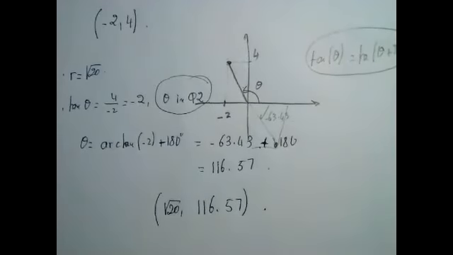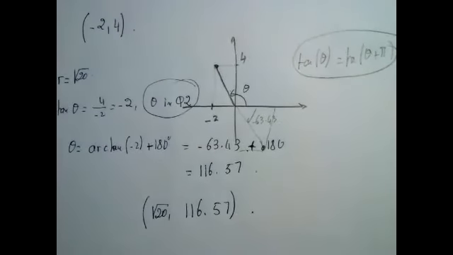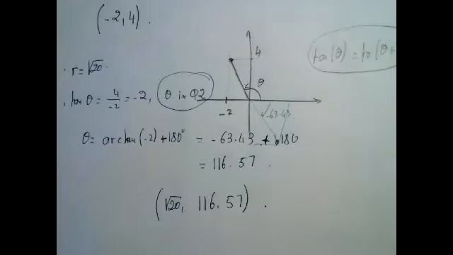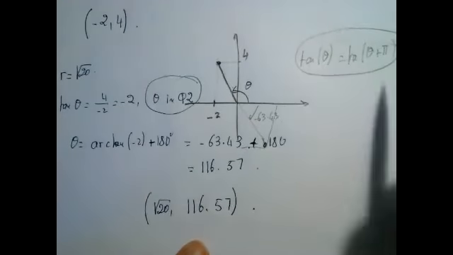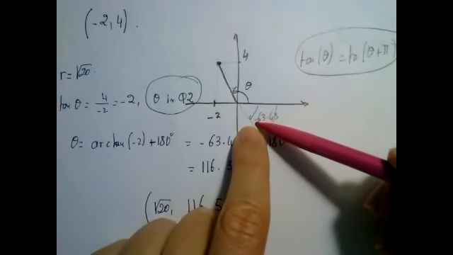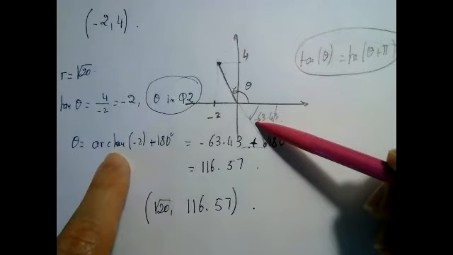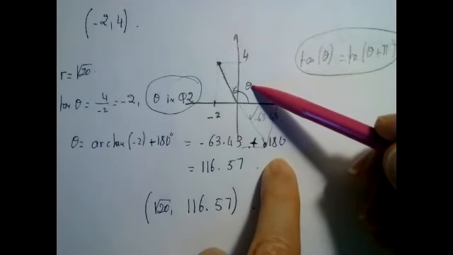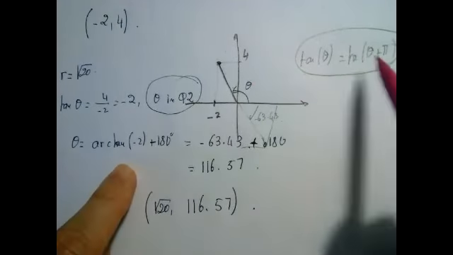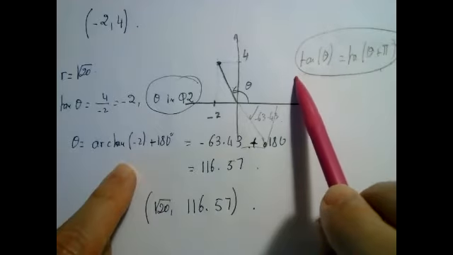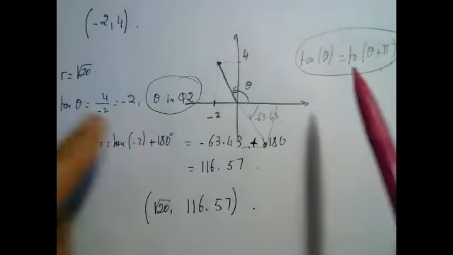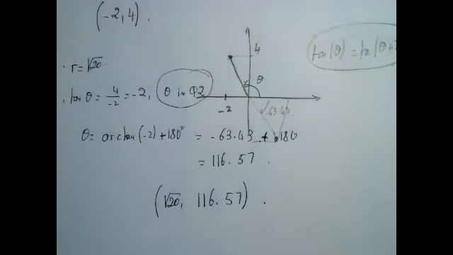You do not change the tangent at all. Something we saw at the beginning of the semester: you don't change the value of the tangent if you add 180 degrees. So -63 and -63 plus 180, which is pi, have the exact same tangent. That's how we do the conversion.